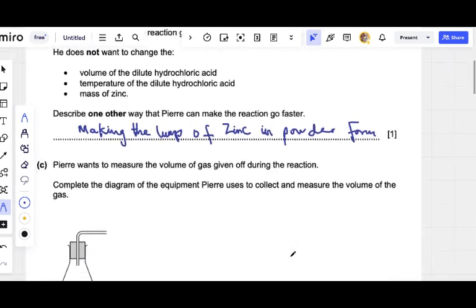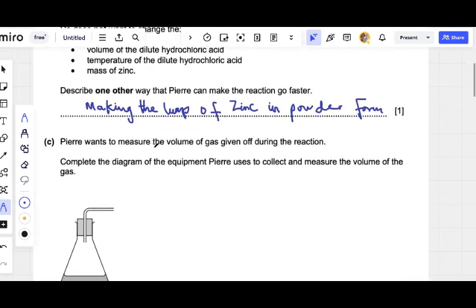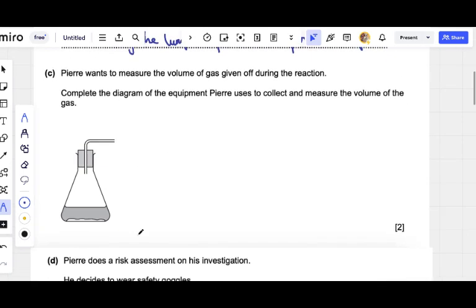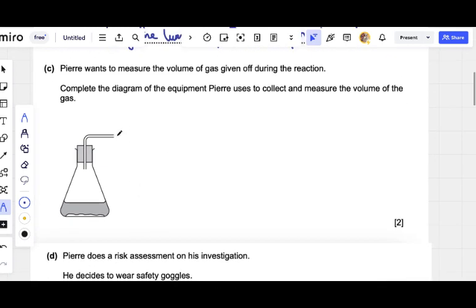Now we go to the next one. Perry wants to measure the volume of the gas given off during the reaction. Complete the diagram of the equipment Perry uses to collect and measure the volume of the gas. You can connect this to a syringe, or you connect to a cylinder.